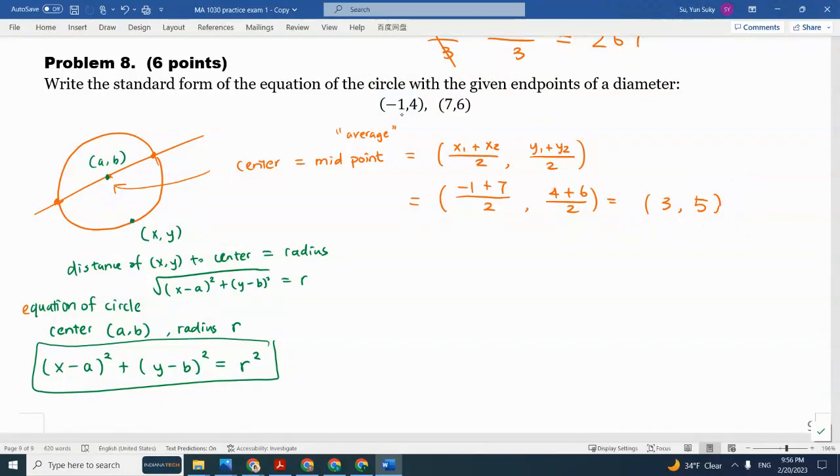In this case, because my center is an integer point and my other point is also an integer point, I can pick the point (−1, 4) and the center.